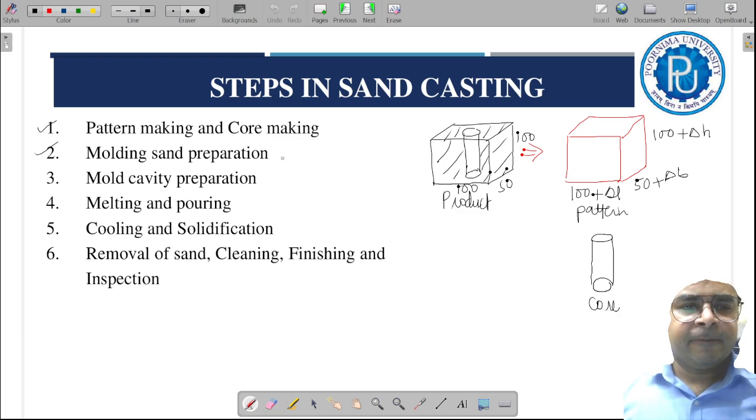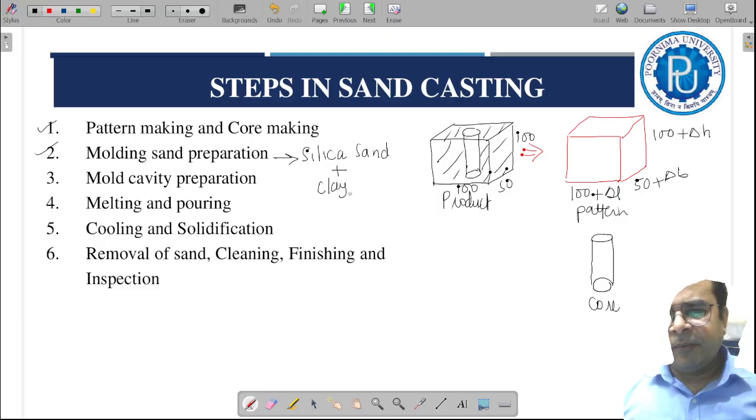Then obviously in the molding sand we have silica sand, along with which we add some clay, because sand does not have any binding property.